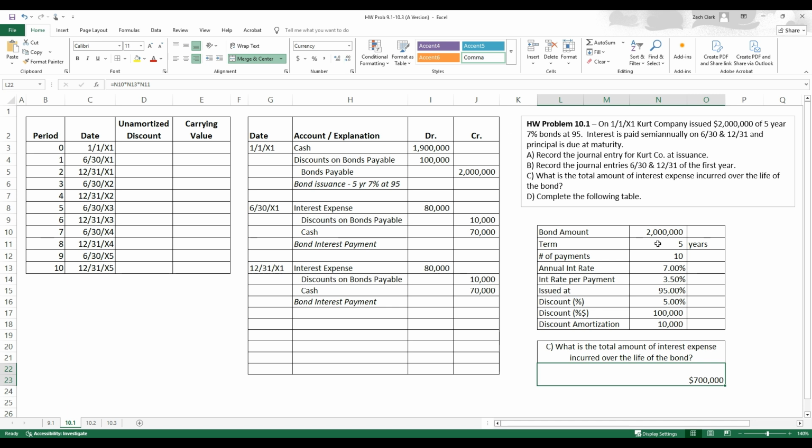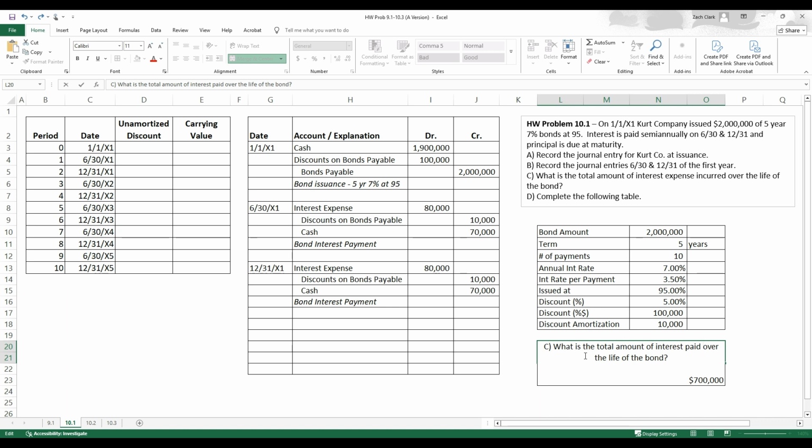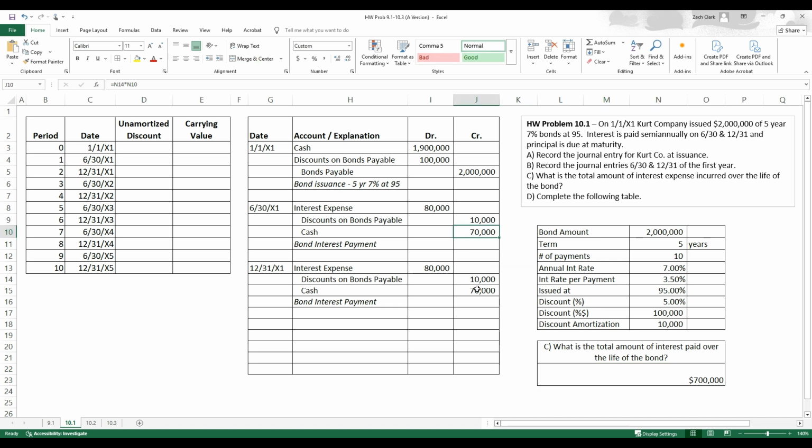So when you do your calculation in there, it should come out to be the same as that amount there. Actually, I should say this will be the amount of the interest paid. What is the total amount of interest paid over the life of the bond? So that would be $700,000, based on the actual cash payments.